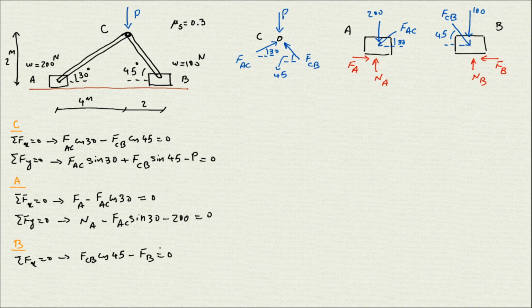And then if I write sigma Fy is 0, what I would get is that I have the NB positive, and then I have negative FCB sine 45, and then I have the weight 100, and it is 0.